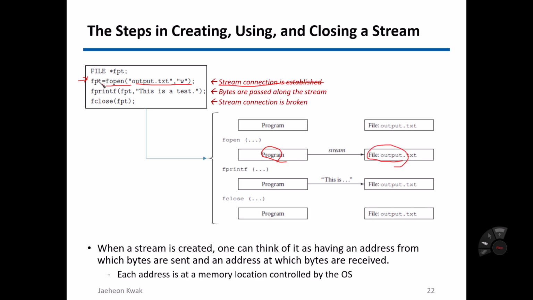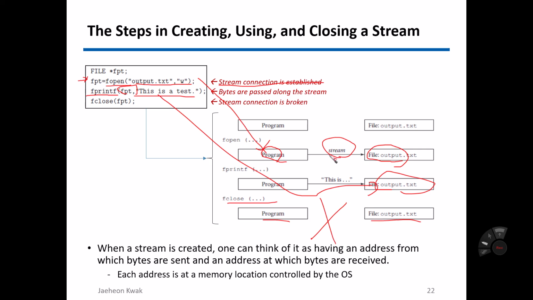This line will open the stream, and fprintf will use this stream and pass bytes along it. So you can send this string to the output file, and after the byte transaction, we have to close the file, and this fclose will eliminate the generated stream.